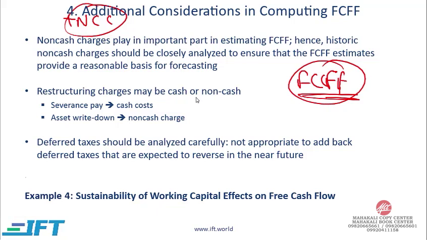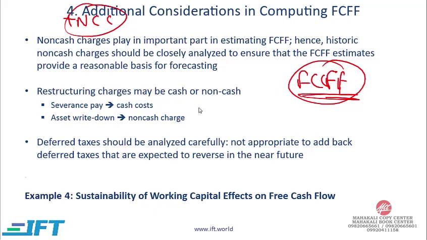So for example, if you are adding depreciation, which is a classic non-cash charge, then the number that you are adding to come up with this estimate, you need to make sure that that's not an unusually high or unusually low number. You need to make sure it is a number that will continue in the future.